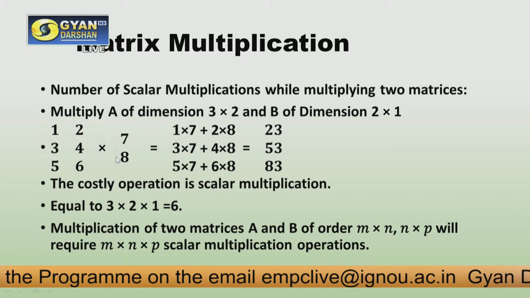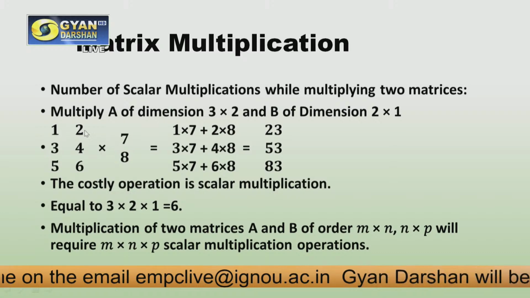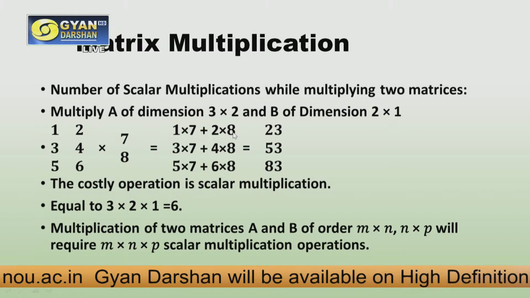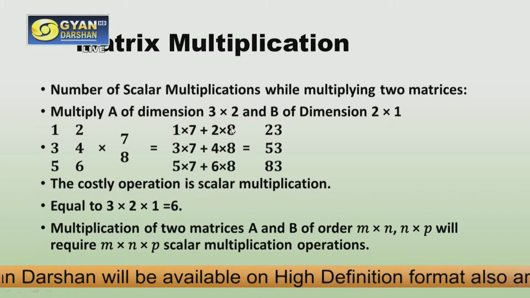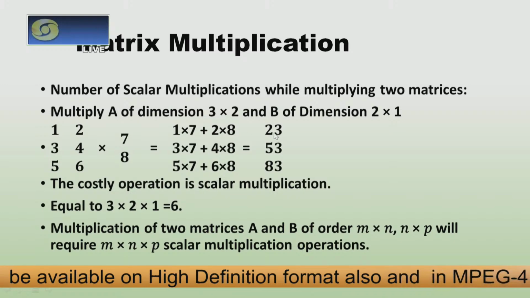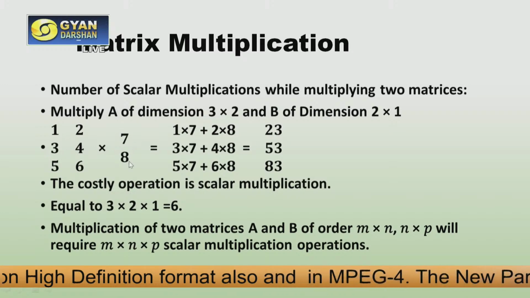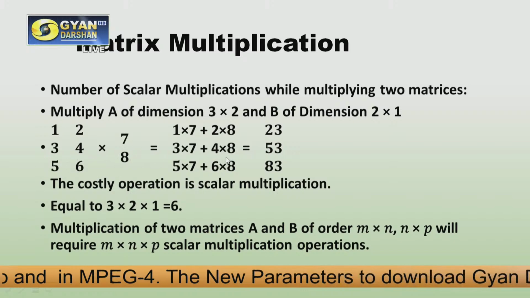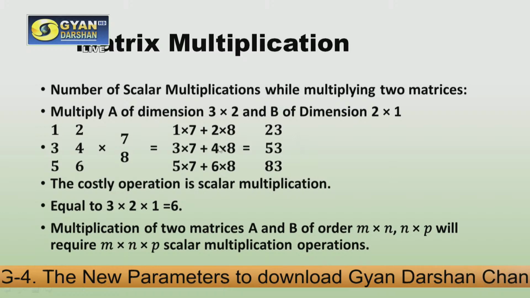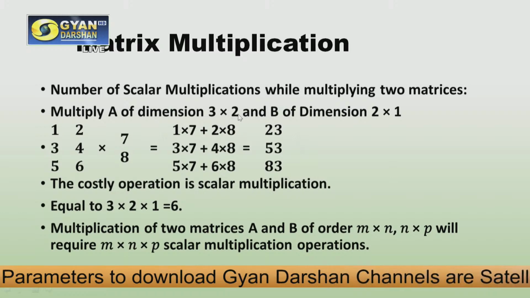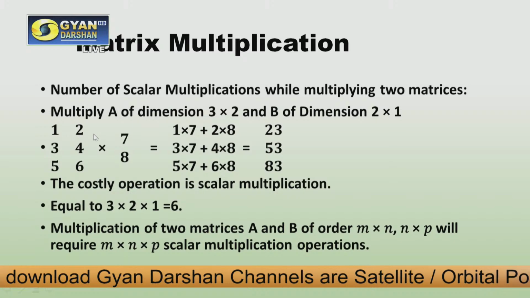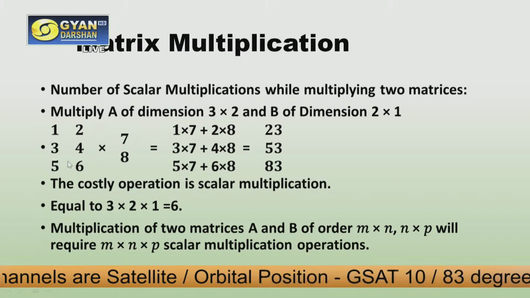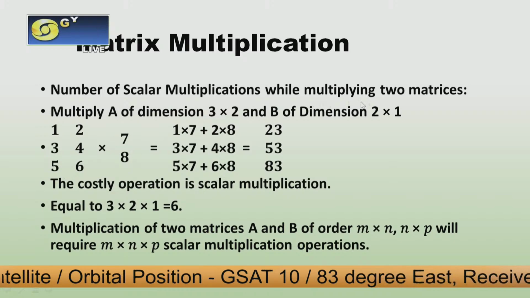So when we are multiplying, how are we multiplying? 1, 2 will be multiplied by 7 and 8. 1 multiplied by 7 plus 2 by 8, forming the first row of the result, which is 23. Like that, 3, 4 with 7, 8, forming the second row, and the third row, like that. So how many multiplications in all? If you see, 3 into 2 into 1. 3 because there are 3 rows, and we are multiplying 3 rows with 1 column.